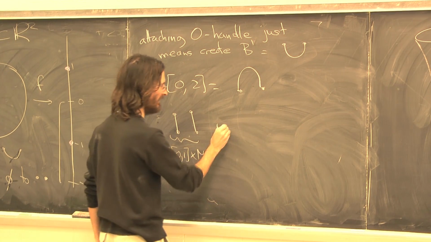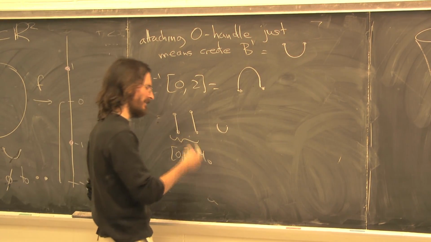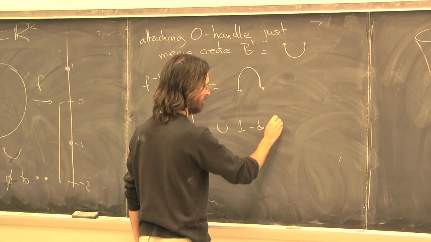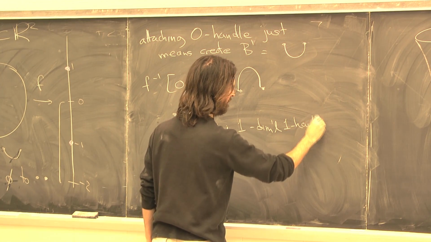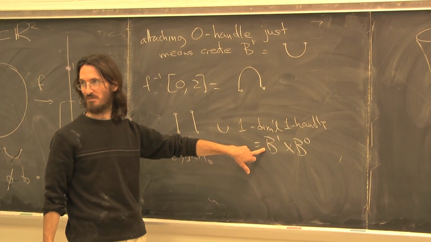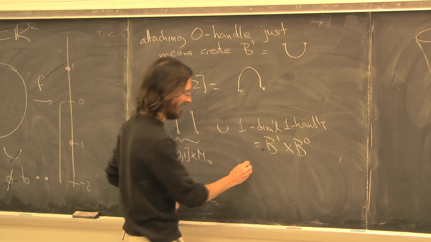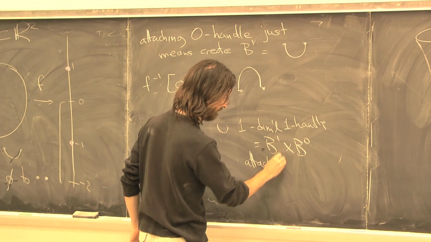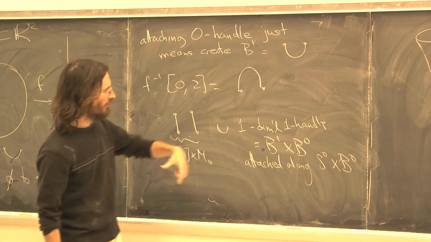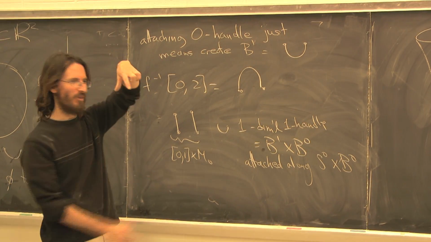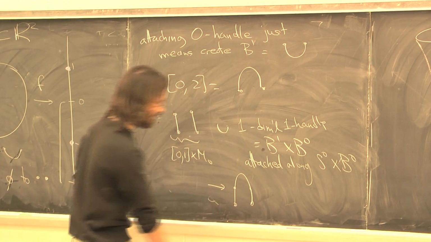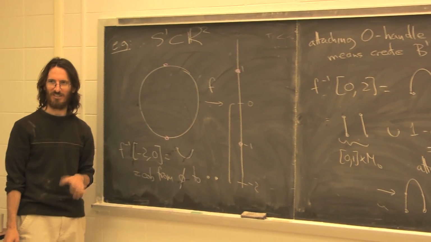Then I attach to it a 1-dimensional handle, which is B1 cross B0, attached along S0 cross B0, which is 2 points, and I therefore need an embedding of 2 points into 2 points. Sometimes low dimension is more confusing than necessary, but that settles it.